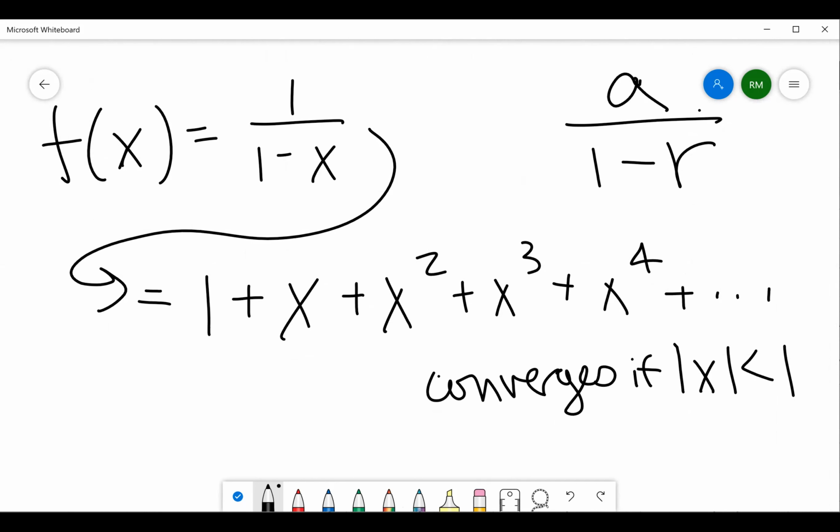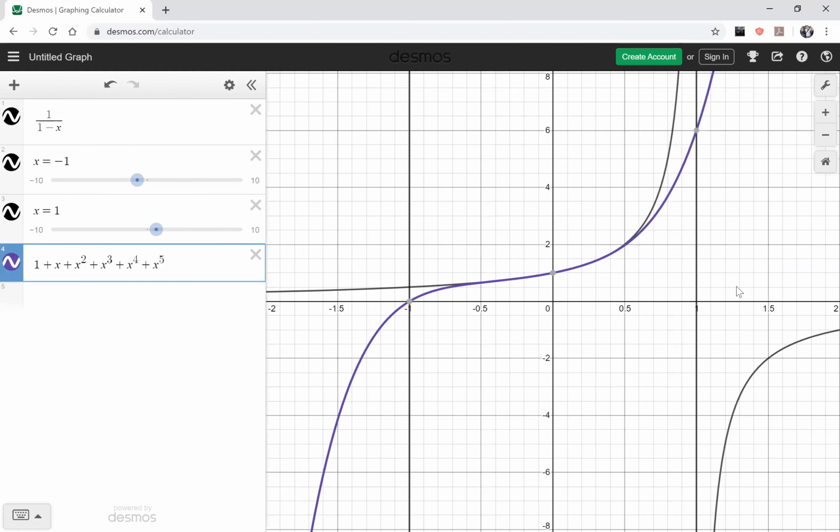All right. Well, let's take a look at Desmos and see what that looks like there. So on Desmos, if we look at this curve right here, the bolded black curve is the curve 1 over 1 minus x. And then I have two vertical lines at x equals -1 and x equals 1. And then I have part of the approximation of that series in blue.